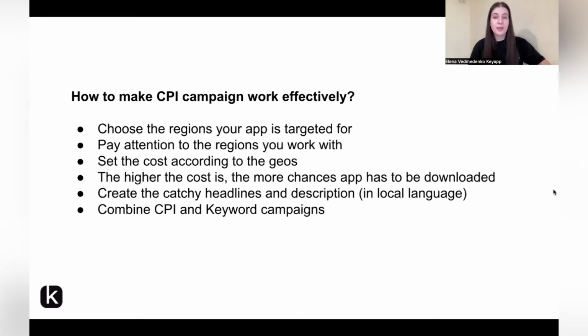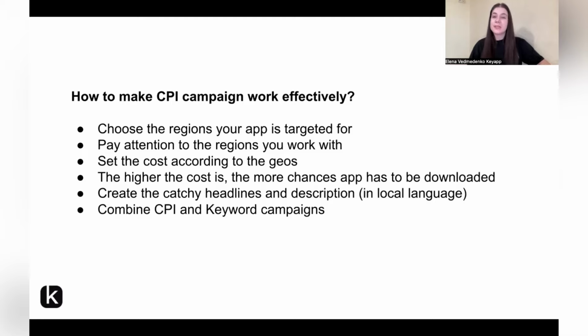At the same time, it is possible to discuss, and it is needed to discuss, how to make a CPI campaign work effectively and give the results, and to remember that the results are meant to be installs. So first of all, choose the targeted regions. Choose the regions for which your application was created.